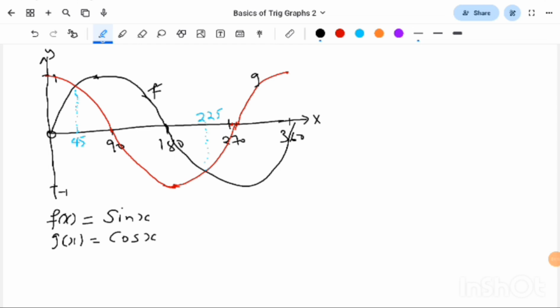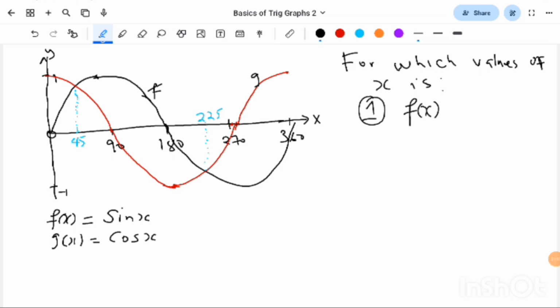Now you also get questions like this in trig. I know these questions may be tricky to some of you, but I need you to understand today. The question will be: for which values of x is f of x equal to g of x?